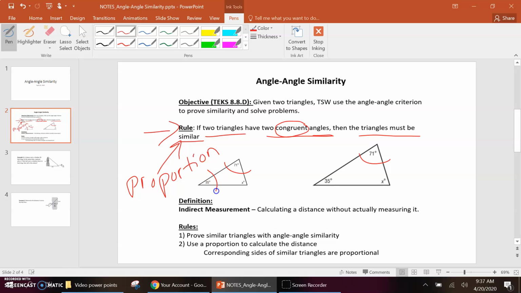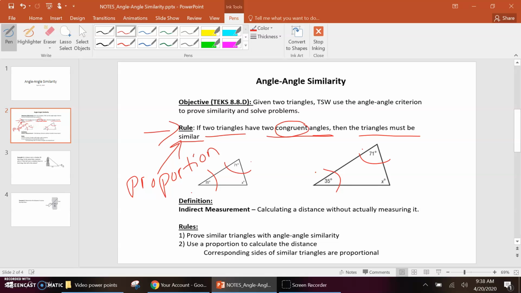This triangle here, which is in the same position as that triangle there, are both 35 degrees. Since they have two corresponding angles that are the same measurement, then they are similar, and we can solve for a missing side if we needed a distance on one of the sides of the triangles.